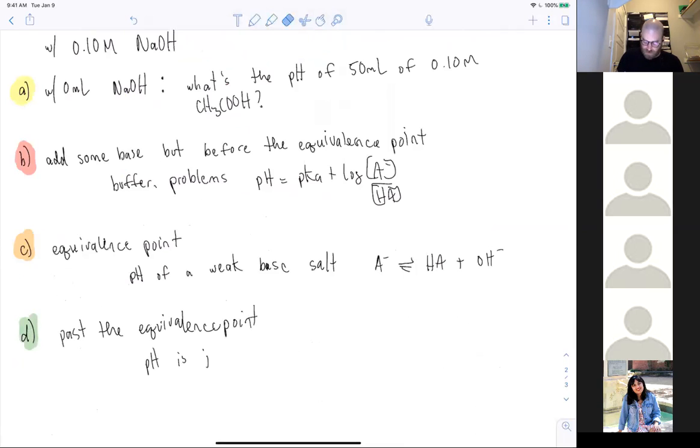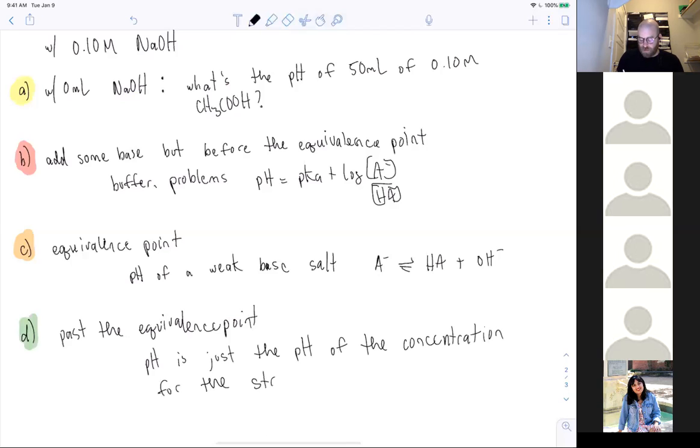here your pH is just the pH of the concentration for the strong base.